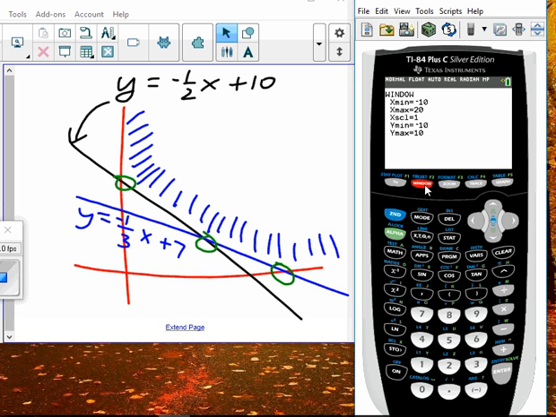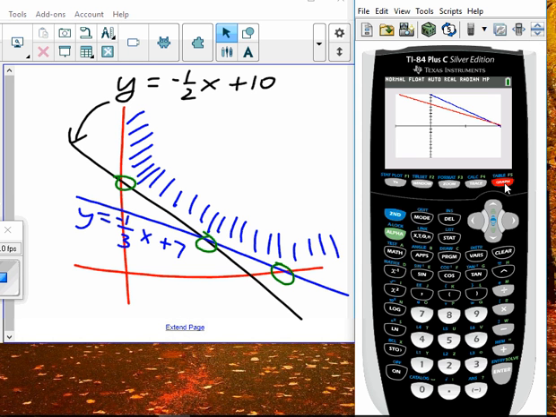I'm going to go to my window and on purpose mess it up, because this is going to happen to a lot of people. Maybe it's on the ACT or maybe it's on this final. They're going to hit graph and they're going to be like, I can barely see where they cross. Well, if you can actually see where they cross, at least you have a chance to be able to do it.